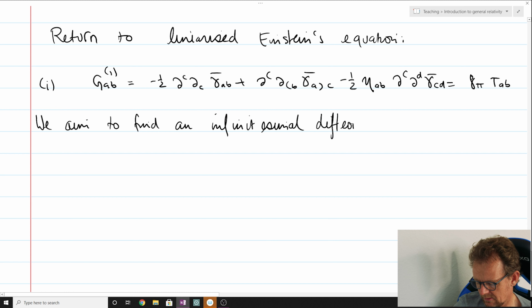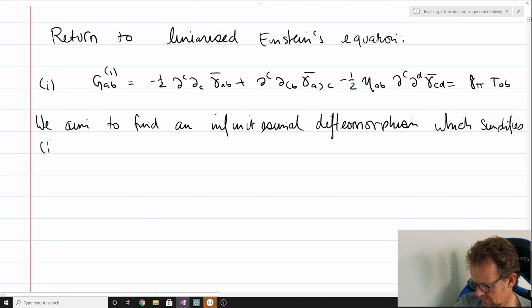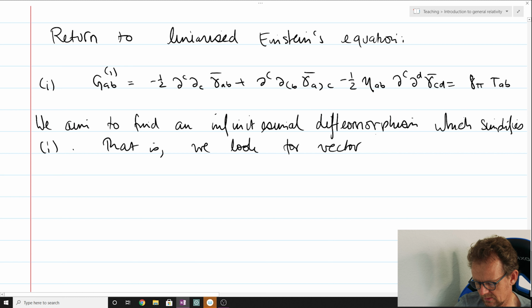So the aim of the game now is to find a linearized infinitesimal diffeomorphism which simplifies 1. Obviously there is one, right? I wouldn't go through all this trouble if there wasn't one. So what are we doing? We're looking for a vector field which generates an infinitesimal diffeomorphism.